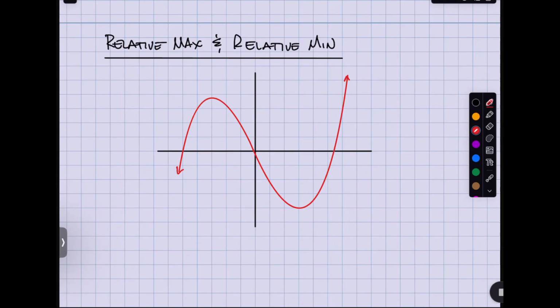Agreed? And the arrow on the left says that it's going to go to negative infinity, which is definitely something that's smaller than the valley. That's why this is talking about relative max and min, right? So relatively speaking, we're going to call this the relative max. And we're going to call this a relative min.